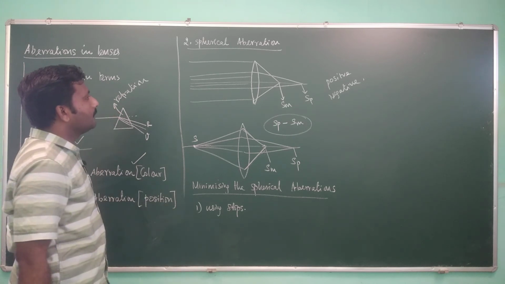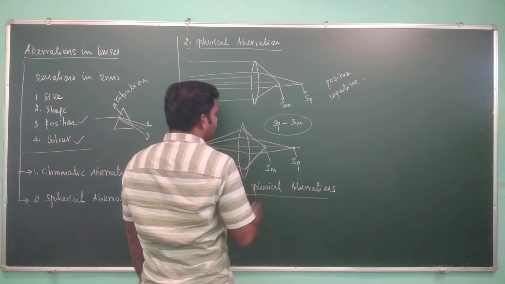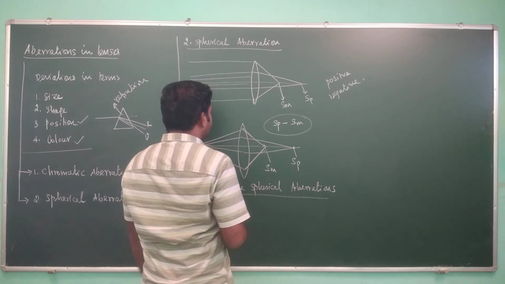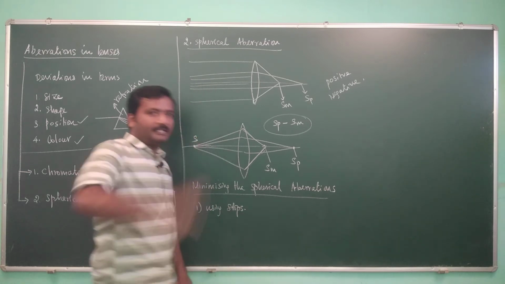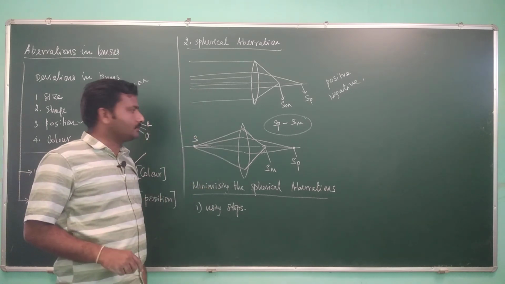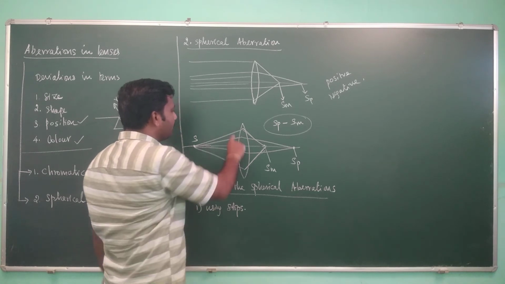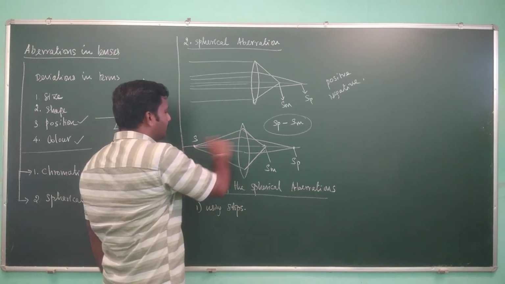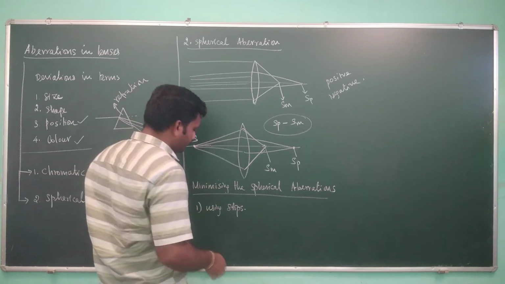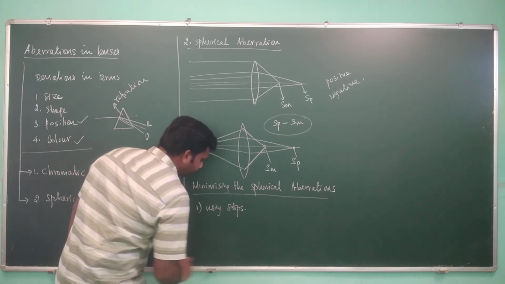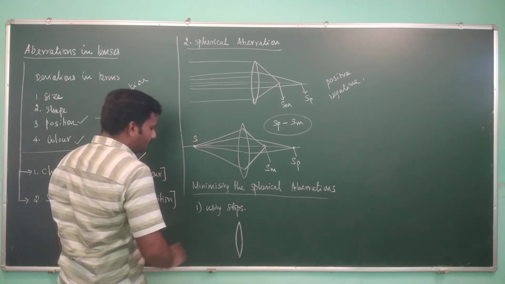How? If you want the image of the paraxial ray, we have to block the marginal rays, preventing the marginal rays from entering the lens. If you want the image of the marginal rays only, you can prevent the paraxial rays from entering the lens. How? We just put a block like this. That is, you are having a lens. You want to block marginal rays.